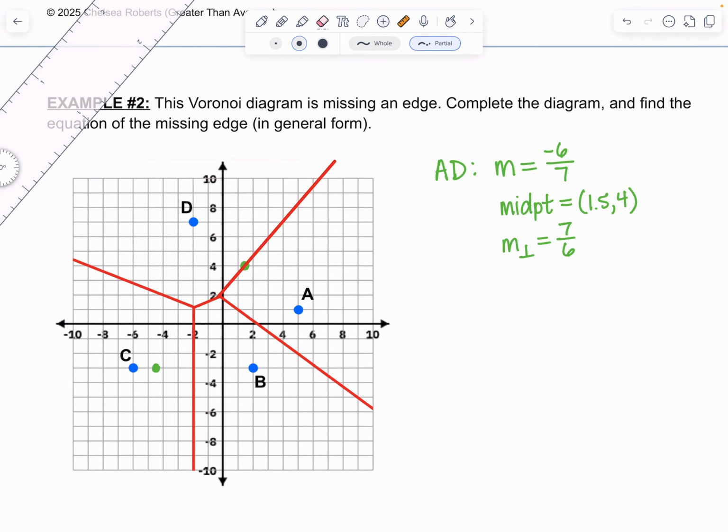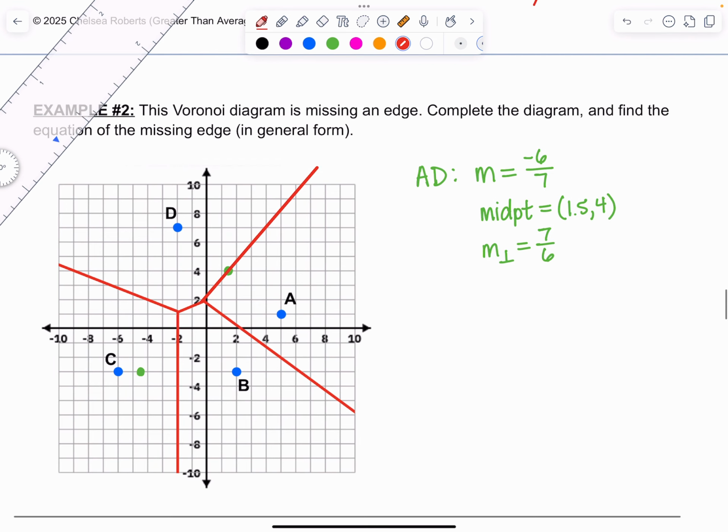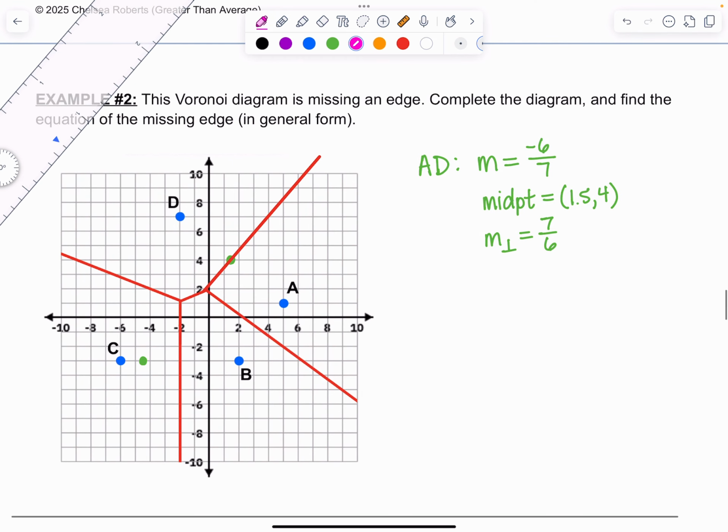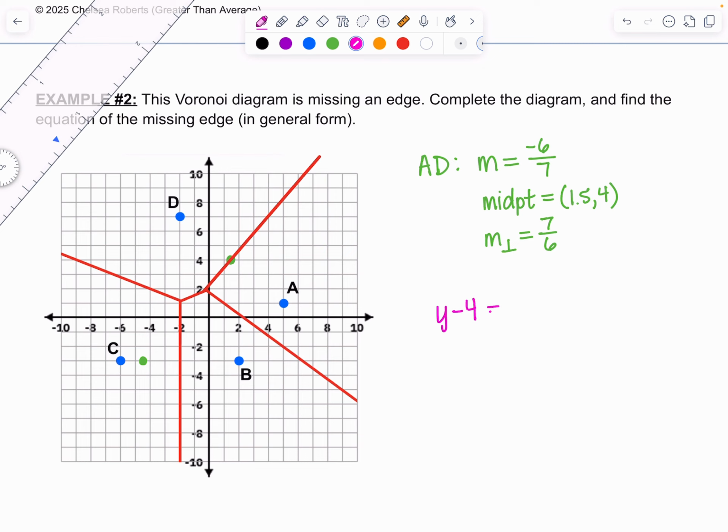So now they said we want to write the equation of the missing edge. So remember, to write the equation, all we need to do is put the equation in point-gradient form. So the equation of this line is going to be y minus 4 is equal to the slope of the perpendicular line, which is 7/6, times x minus 1.5.